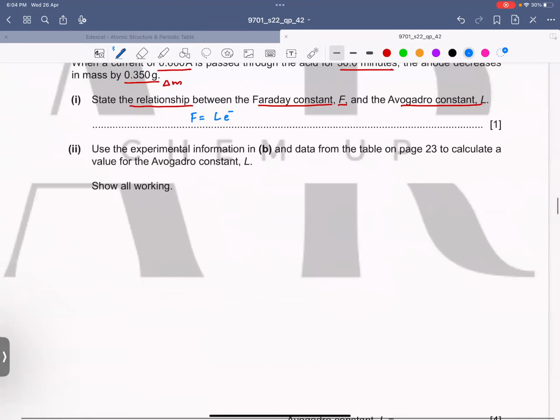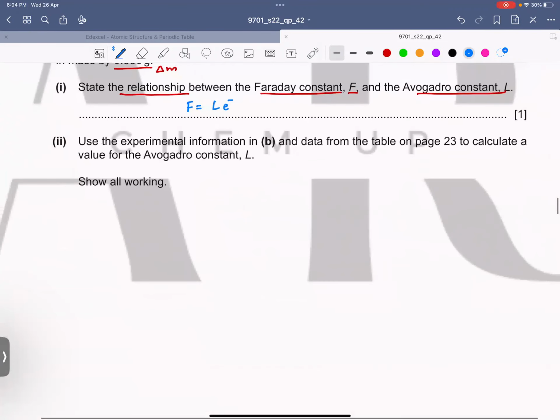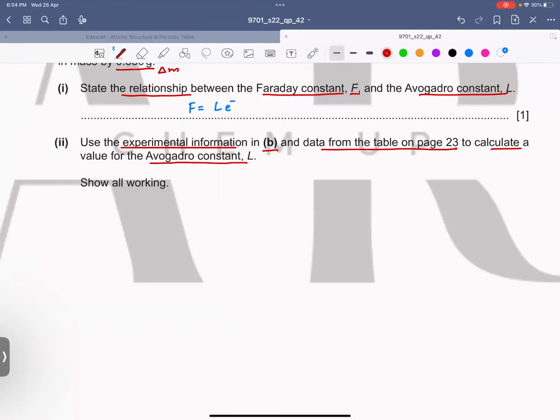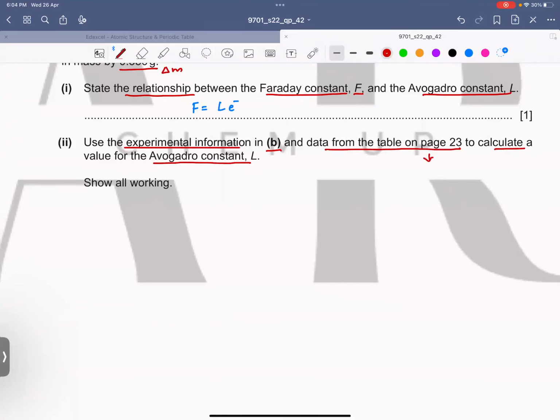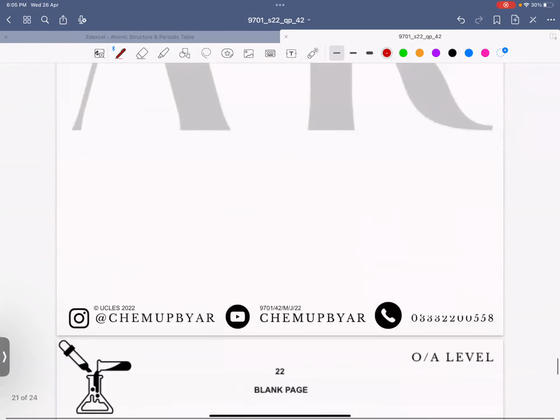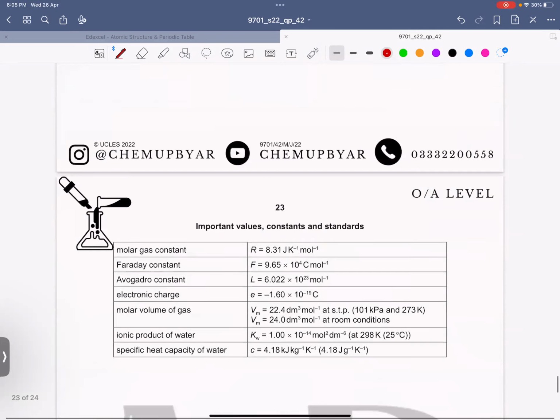Now they are saying to use the experimental information and data from the table on page 23 to calculate the value of Avogadro's constant L. If you look at page 23, there is a value for Faraday's constant F, that is 96500 coulombs. So it's page number 23, and here you have the value.